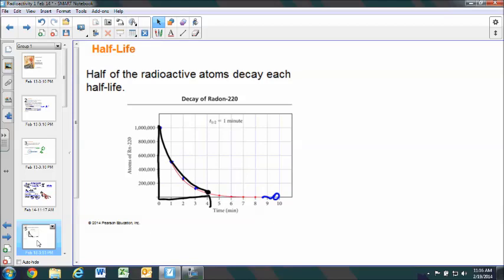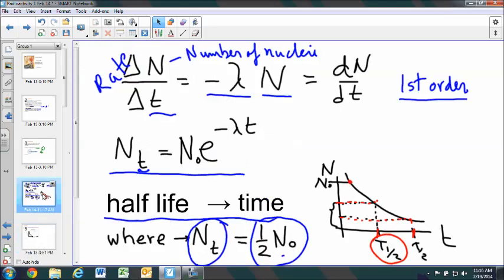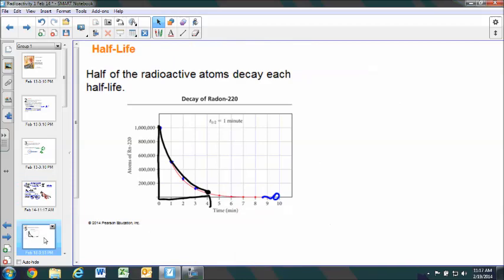Once you get them here, then you know that they will follow the same law as all of the atoms of that particular type. So this is an interesting question, because when I am talking about this equation, this lambda is going to be characteristic of that particular radiation, right? You might have a radioactive isotope that has different kinds of radiation, and then each one will have its own lambda, right? That's the case of potassium-40, for instance.